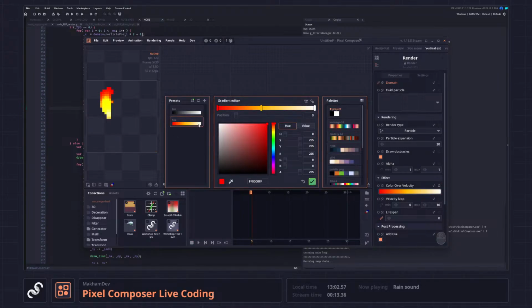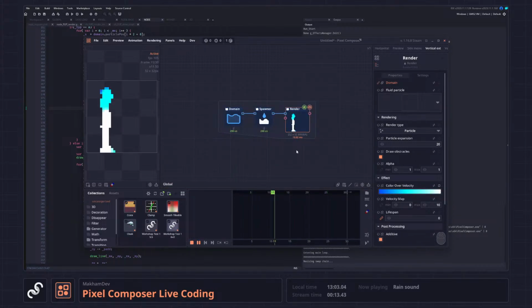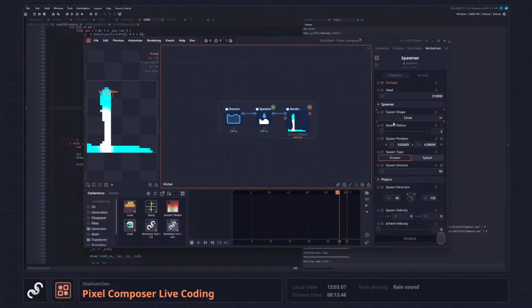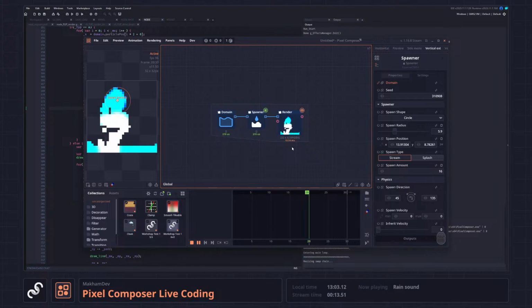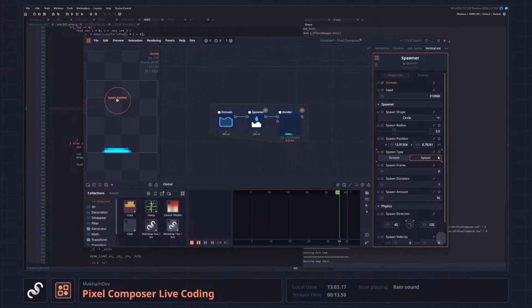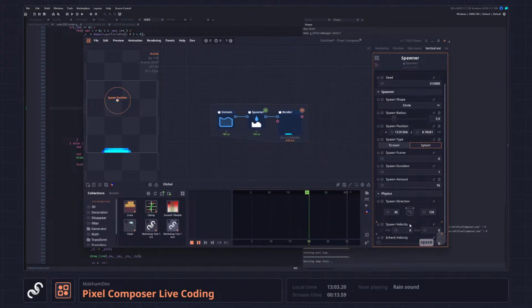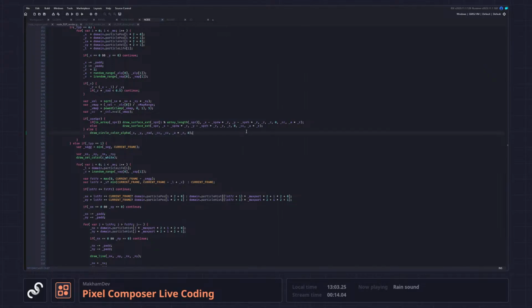That's a cool effect, right? Obviously you don't have to use it. You can just set the gradient to white and it will be a normal shape, normal color you can change later.